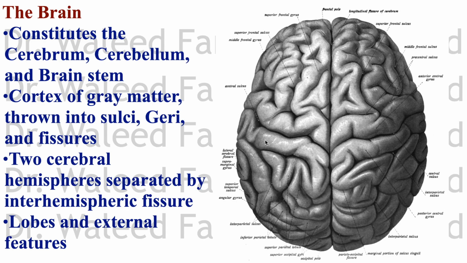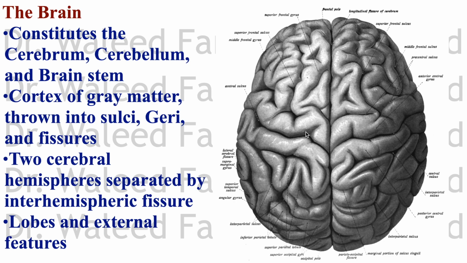Now, in front of the central sulcus, the areas are motor areas, and behind the central sulcus, the areas are sensory areas. Okay, the central sulcus, in front of it are motor areas, and behind it are sensory areas.